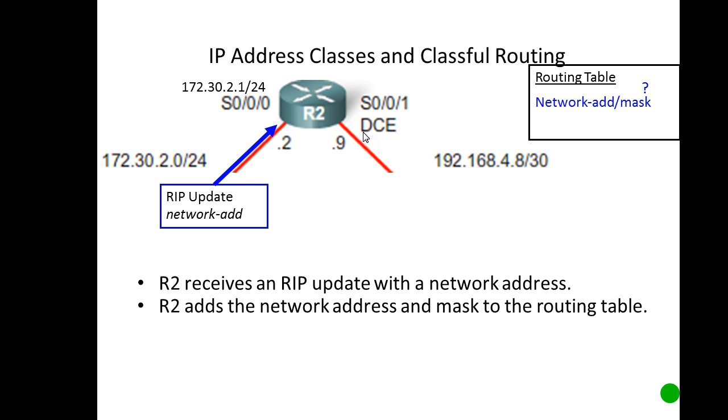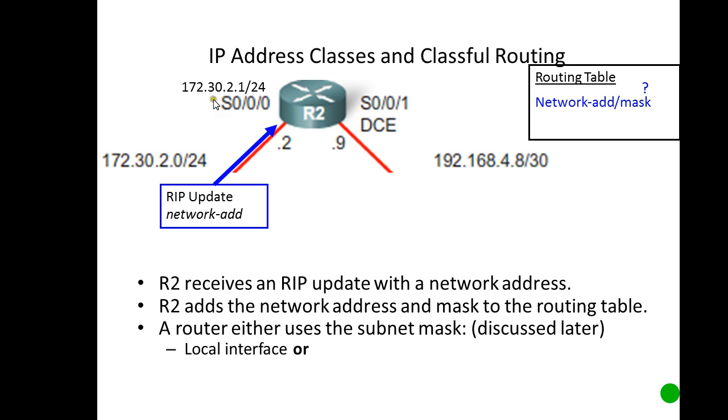Either it uses the subnet mask used on this interface, in this example /24, even though this is class B, or it uses the typical classful subnet mask. If the network address is class B, then we use /16. If the network address in the RIP update is class C, then we use /24.